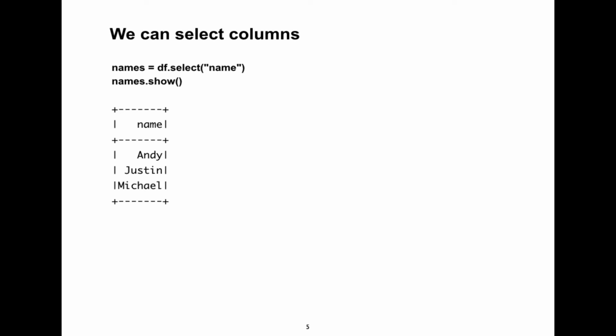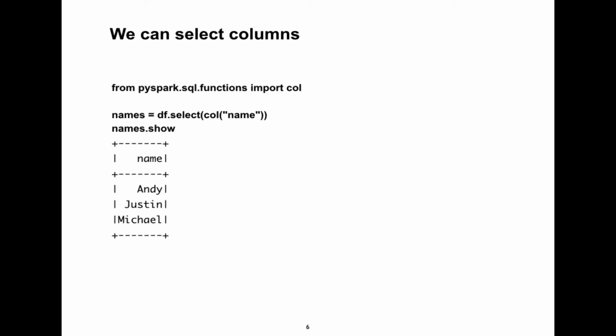How do we select columns? Well, it's just select. We can also call select and give it the column function, then give it the name. And you can actually use column spelled out.